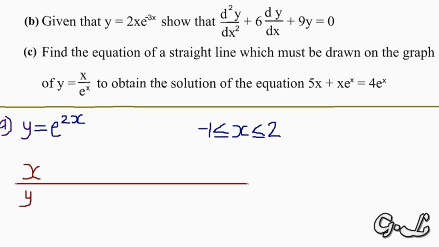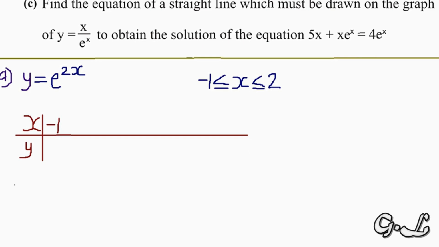In the domain, x should be greater than or equal to -1. Since x can be equal to -1, we're going to start from -1. That is our first x coordinate.